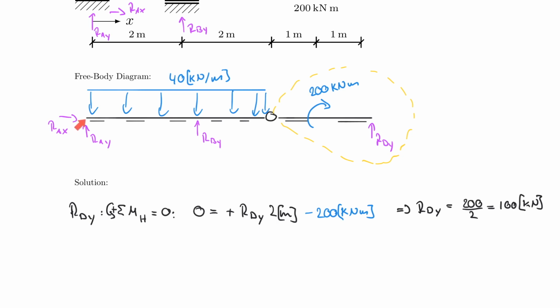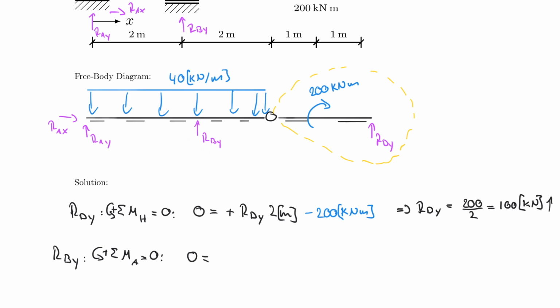Exactly, you take the sum of the moments about this point, about A. So to find RBY, I can take the sum of the moments about point A being equal to 0, and of course, as always, counterclockwise positive.